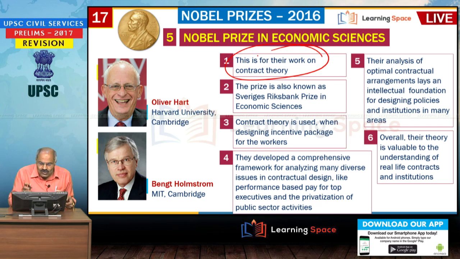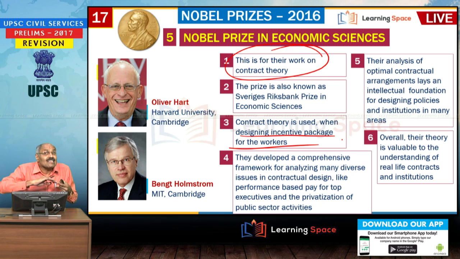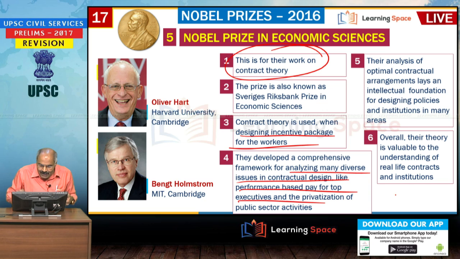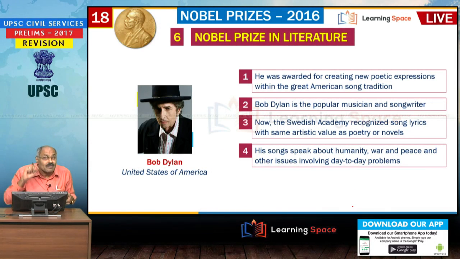Contract theory is used when designing incentive packages for workers. This analyzes many diverse issues in contractual design, like performance based pay for top executives and privatization of public sector activities. Right friends, the last one is the Nobel Prize in Literature.